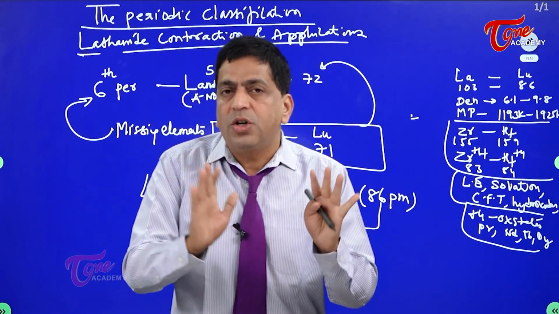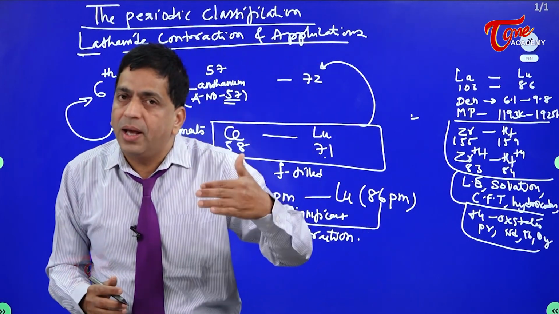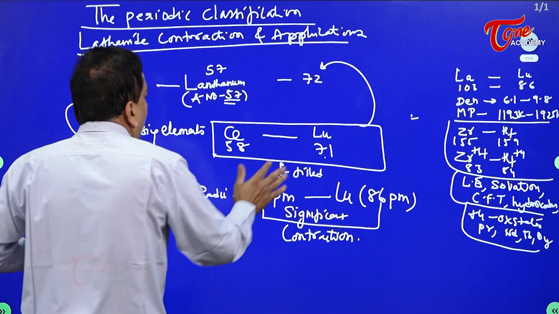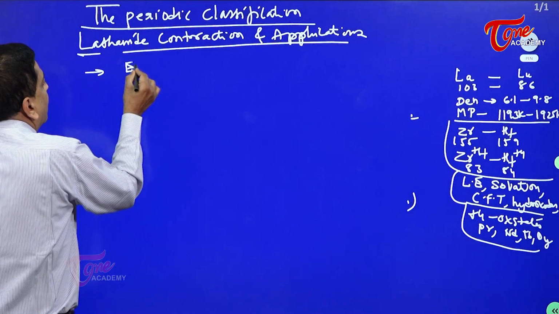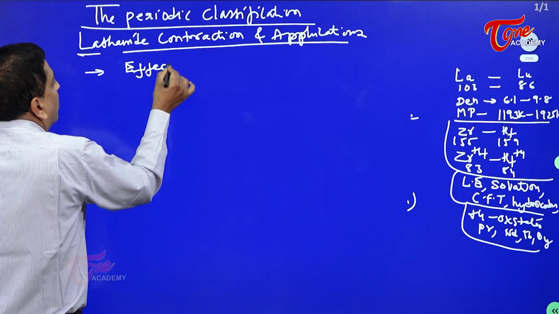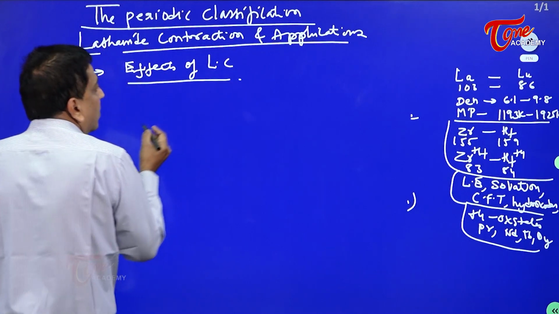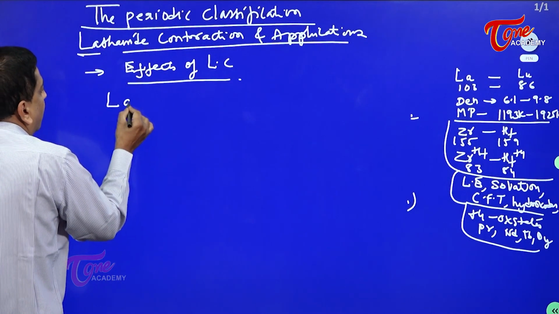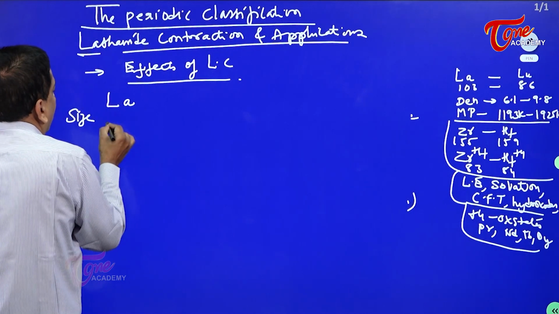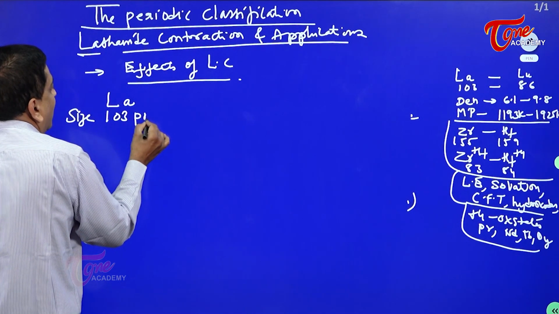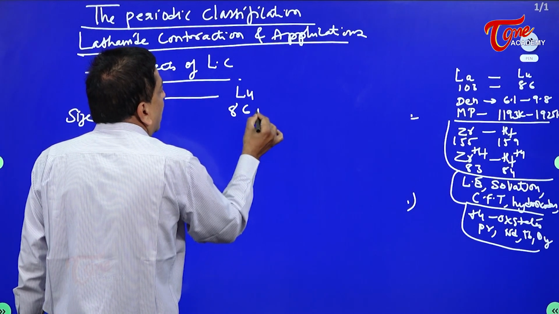If you want to know how these vary, observe carefully one by one. I'm writing it for you. Look into the effects of lanthanoid contraction. First of all, the lanthanum size is 103 picometers and lutetium is 86 picometers.